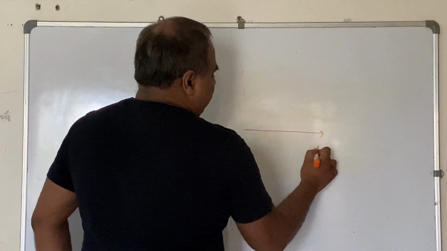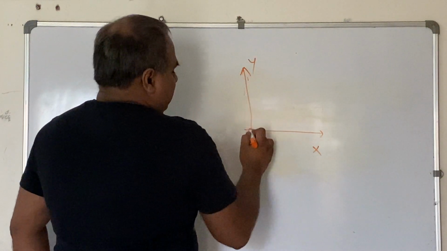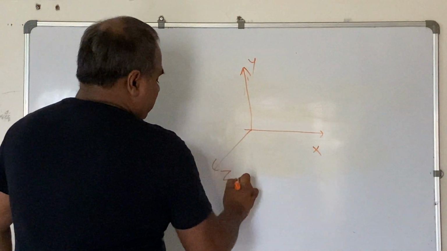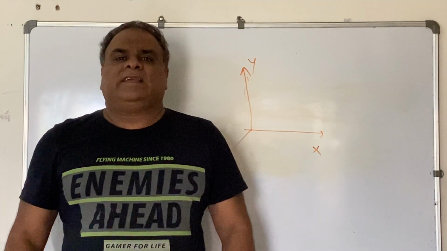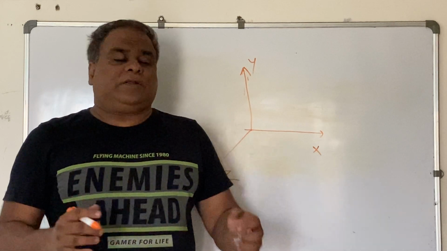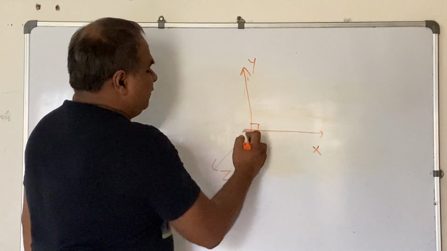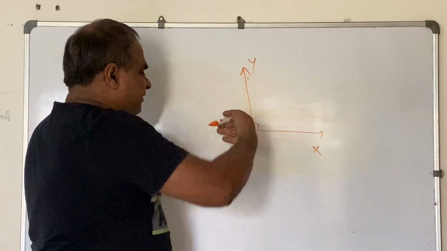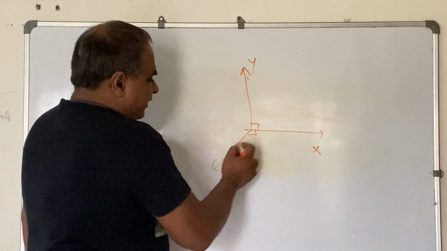This is your y-axis, and this is your z-axis. All these 3 axes are mutually perpendicular. This is 90 degrees. This is 90 degrees. I cannot draw the z-axis properly, that's why I have depicted it like this.